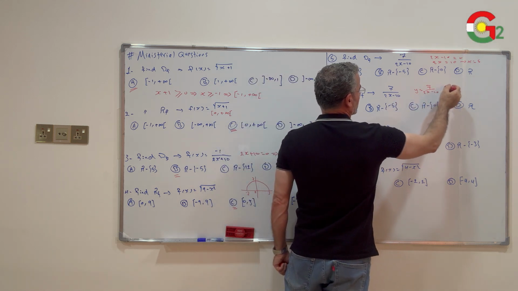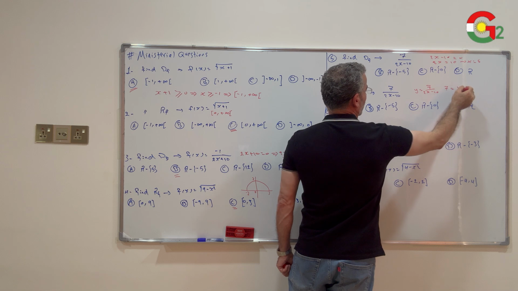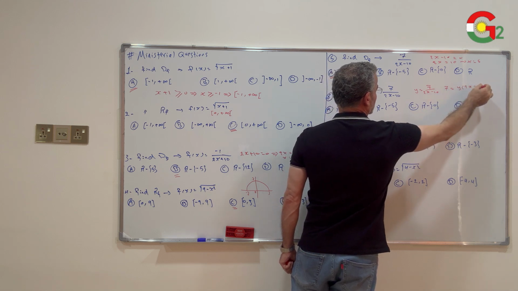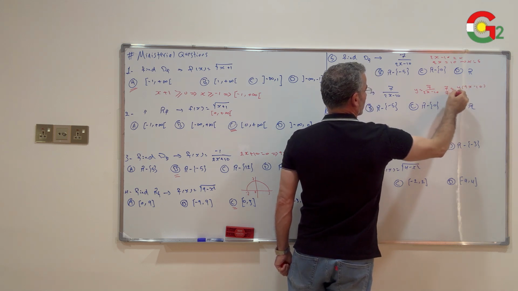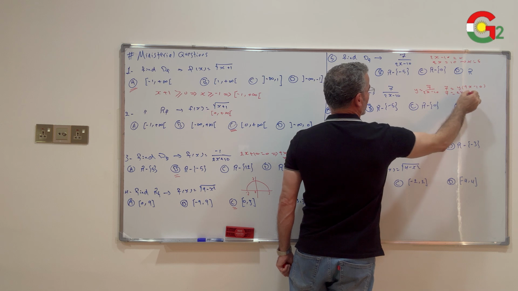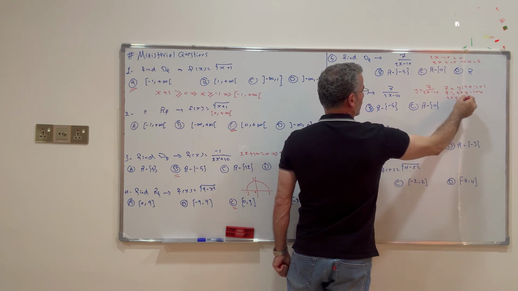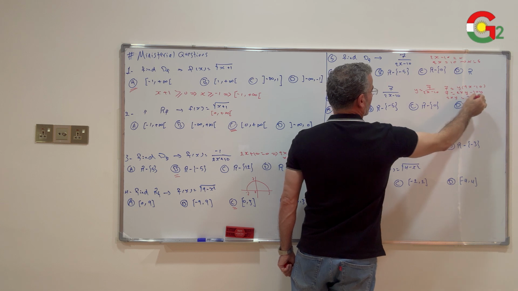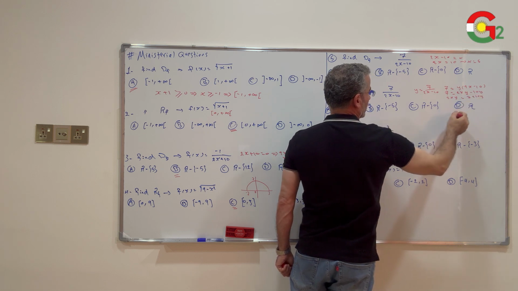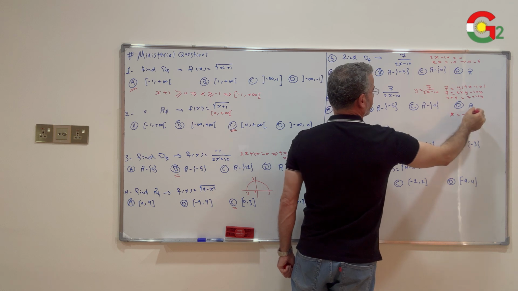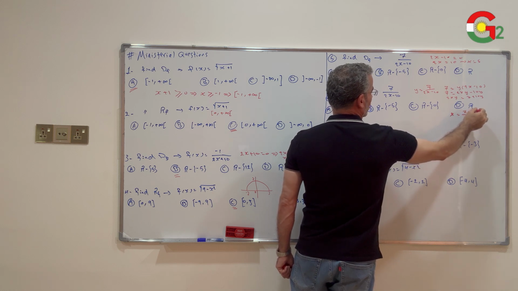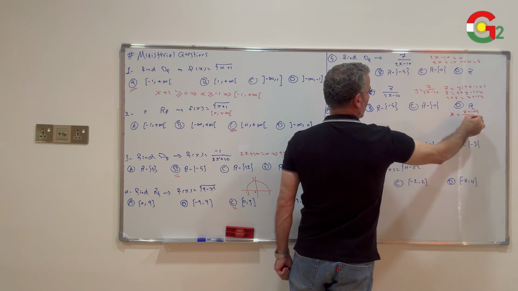Then 7 equals y times 2x minus 10, then 7 equals 2xy minus 10y. Then 2xy equals 7 plus 10y. Then x equals 7 plus 10y over 2y.